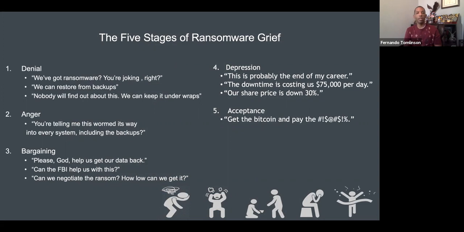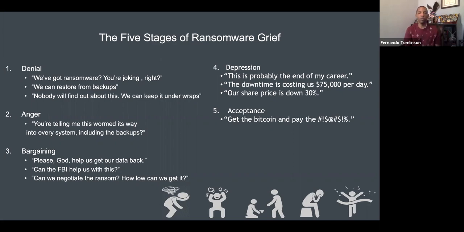So first one is denial, right? You're in denial that you were actually even a victim of ransomware. And then once you come to grips with that, then there's anger. You're pissed that you succumbed to that. And then you start to realize, okay, being mad's not gonna help me get my data back, so I need to figure out how to do that. And you want to bargain with the individuals.